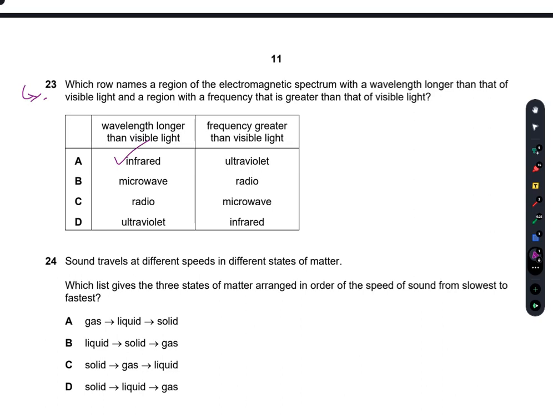Among these, if I recall, infrared rays, microwaves, and I think radio waves have wavelength longer than the visible light, and the ultraviolet rays have wavelength shorter than the visible light.